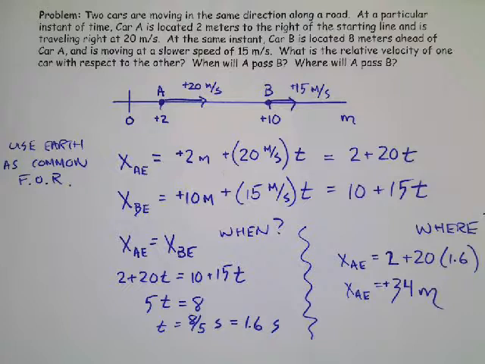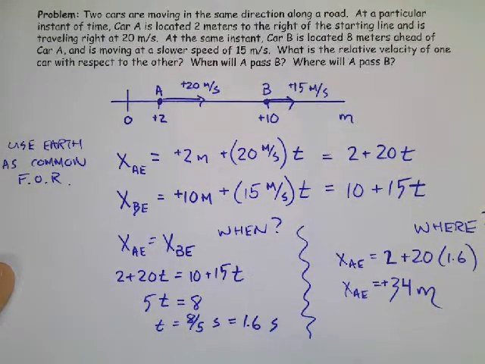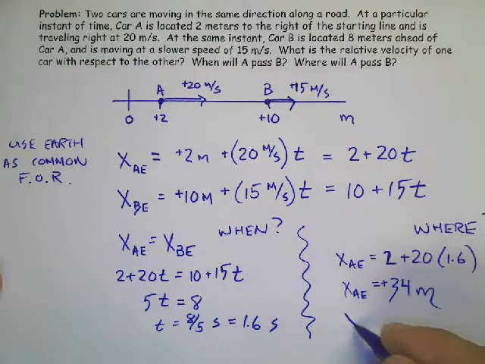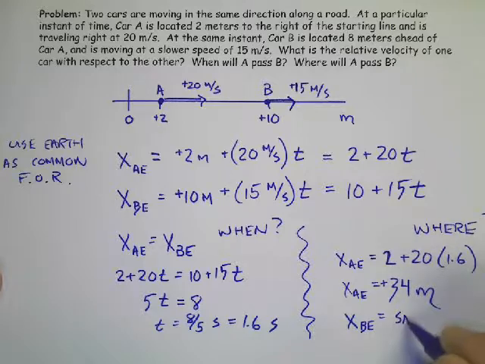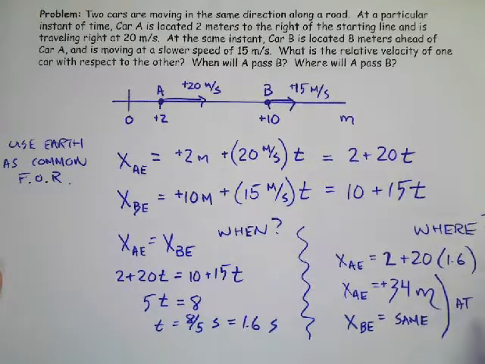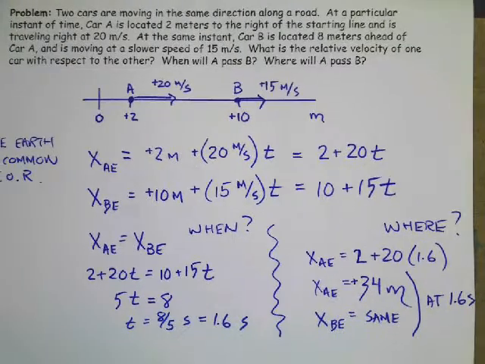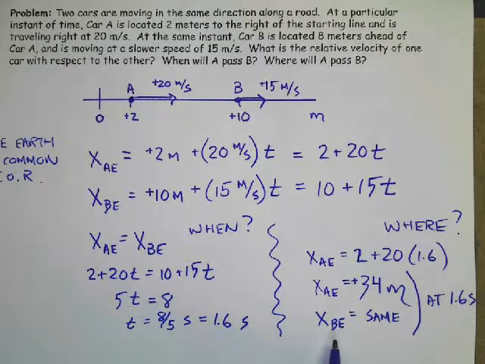So these two cars meet pretty far down the line. They're certainly off the scale of our paper. You could also show yourself that if you plug in the same 1.6 seconds for car B, you get the exact same answer of 34 meters. Okay, so that's the idea.